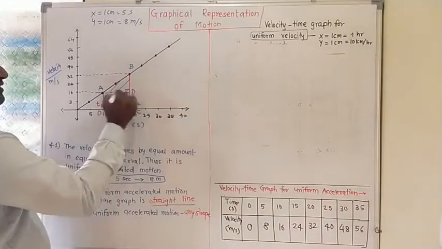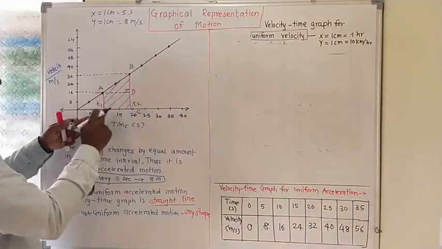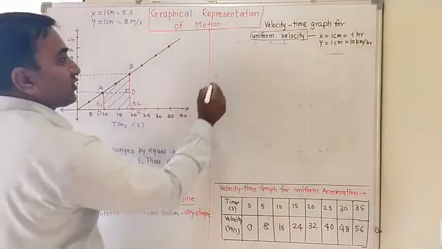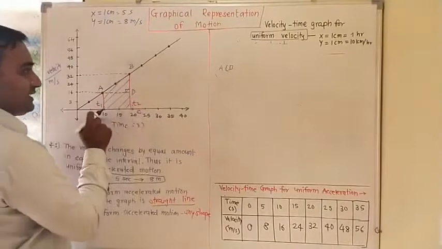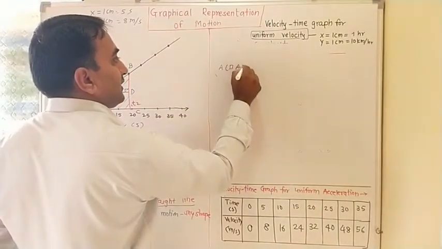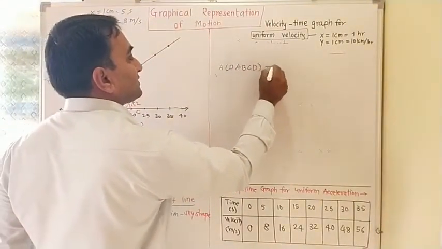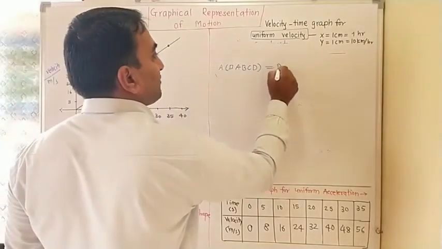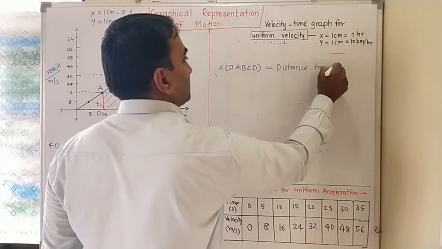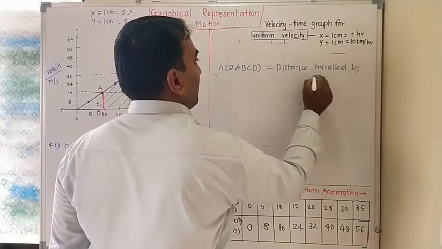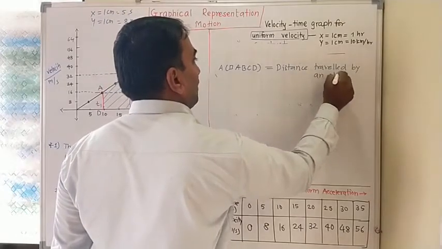So suppose we have the point D. So this is totally a quadrilateral. Which quadrilateral? Area of quadrilateral ABCD is nothing but the distance traveled by the object.